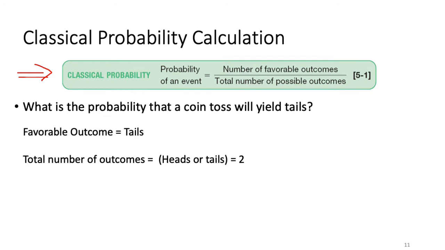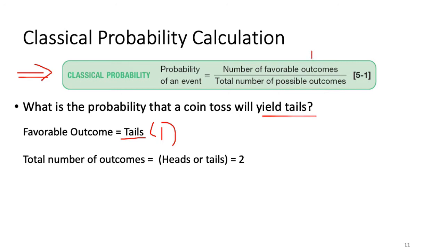So for example, what is the probability that a coin toss will yield tails? In this case, our favorable outcome is tails, so that's going to be our numerator. How many total tails in any set of coin toss? There's, of course, one. So there's one favorable outcome.